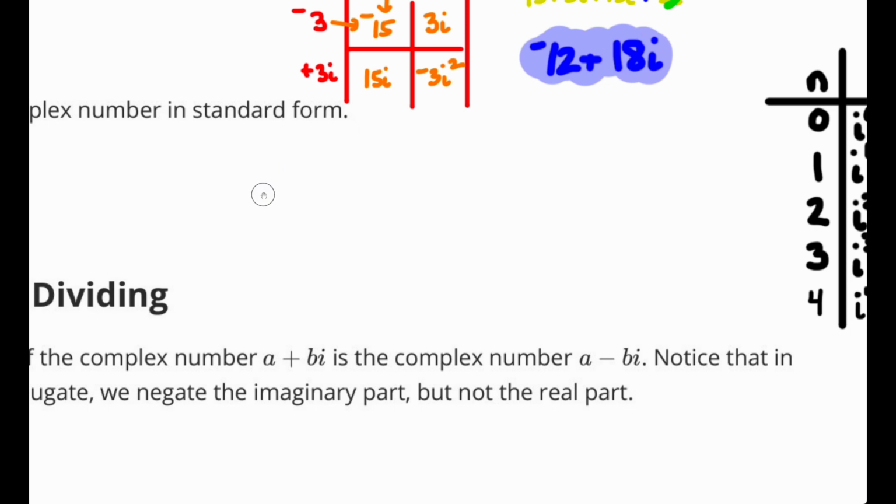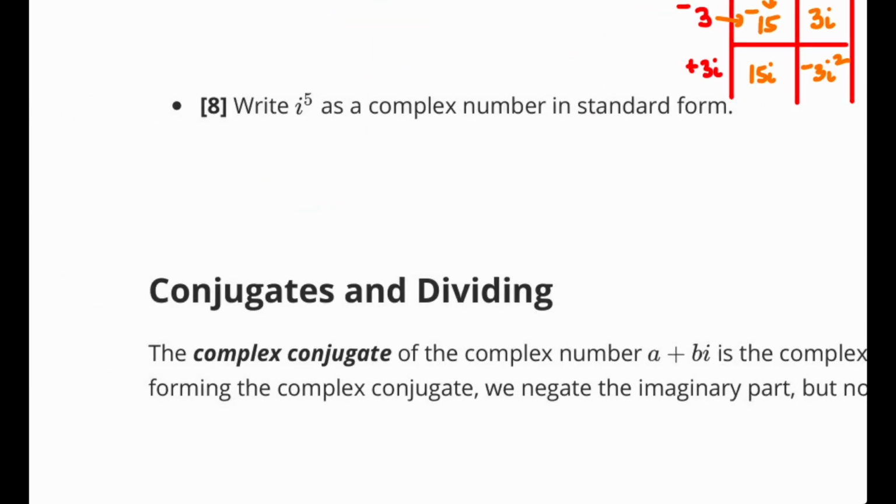And that's what we're going to do with this problem right here, this i to the 5th. What we can do is turn this into i to the 5th being equal to i to the 4th times i to the 1st. Now we want to do the 4 because we know anything with a 4 is equal to 1. Anything that's a multiple of 4 in the power is going to be equal to 1.